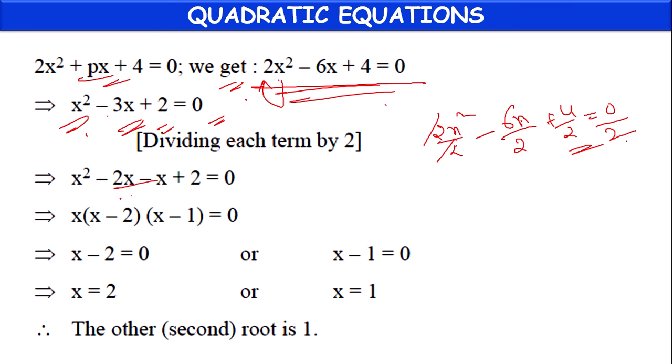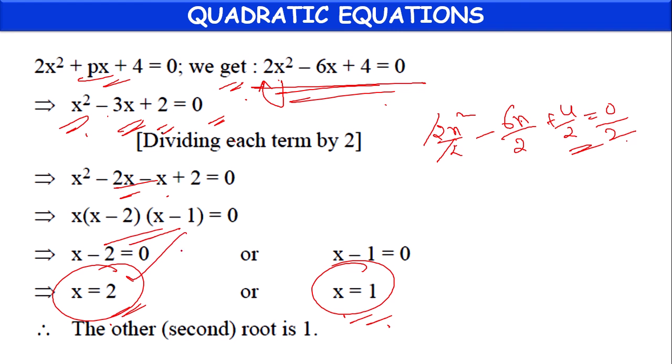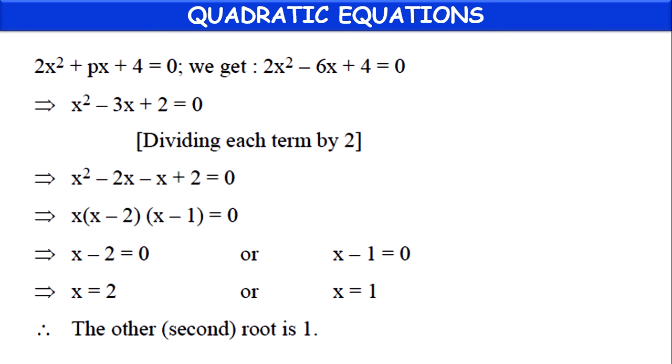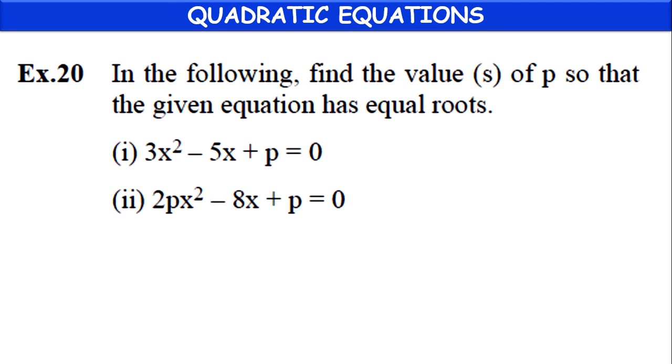Now we can take factors, take common, and find the values of x. In that, x equal to 2 we are getting, x equal to 1 we are getting. Already they have given the x equal to 2 value, so the other root is x equal to 1. So that is the method, children.